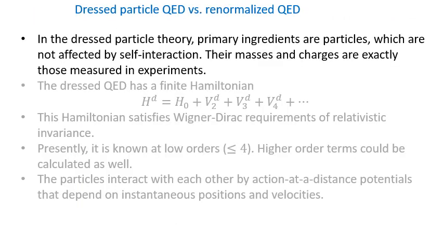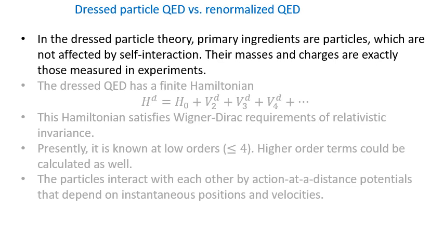Let me now summarize the conclusions. By using the Greenberg-Schweber dressing idea, we transformed renormalized QED into a new theory where particles are the main ingredients. In contrast to bare particles of the original QED, our physical particles lack self-interaction.